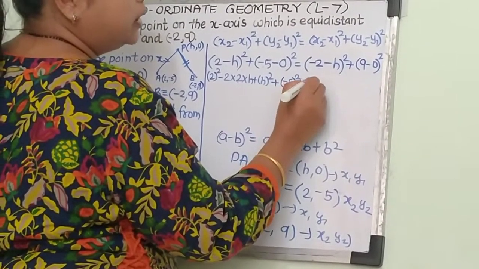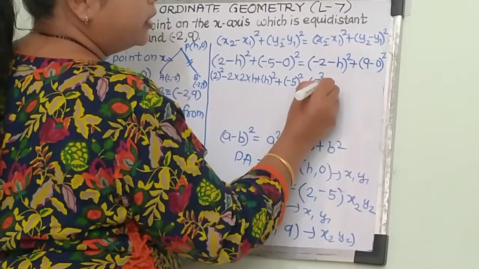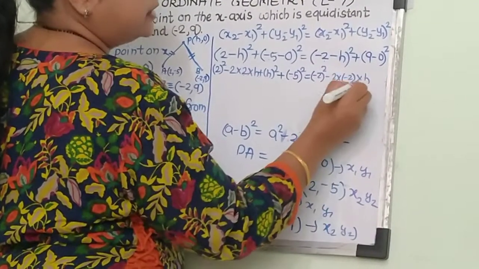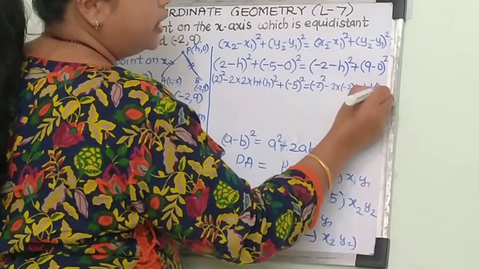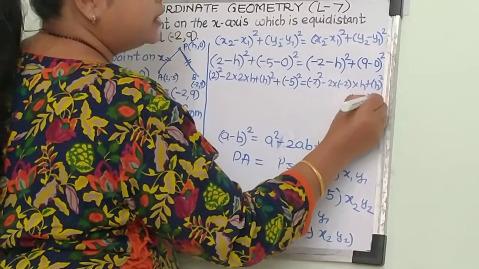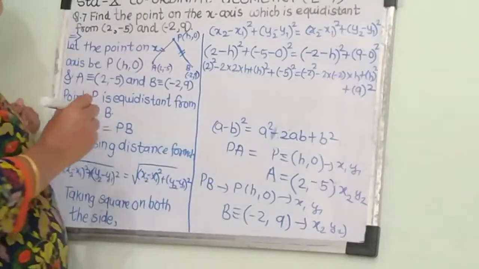Then here we get minus 2 square minus 2 into h plus h square, and lastly 9 minus 0 that is 9 square.